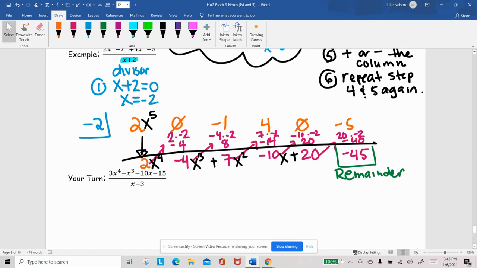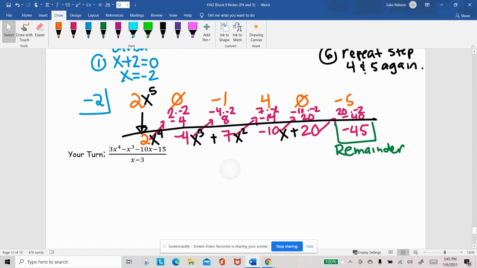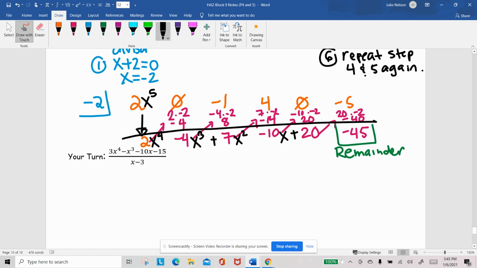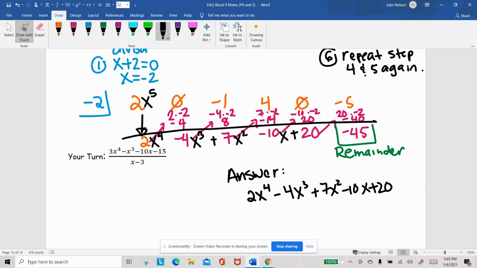So when I write my final answer, it is 2x to the 4th minus 4x cubed plus 7x squared minus 10x plus 20 with a remainder of -45 over what we were dividing by. Remember, we were dividing by x plus 2 earlier.